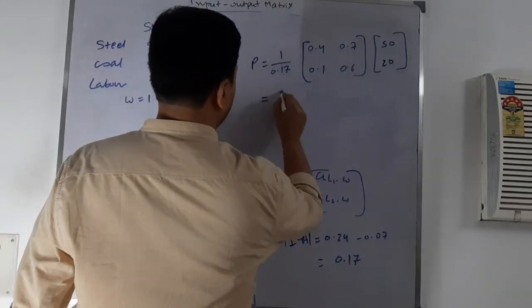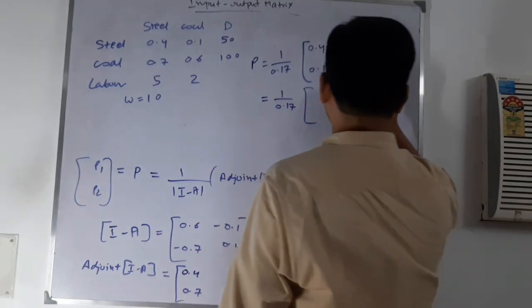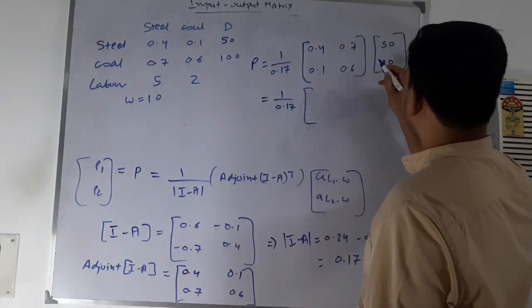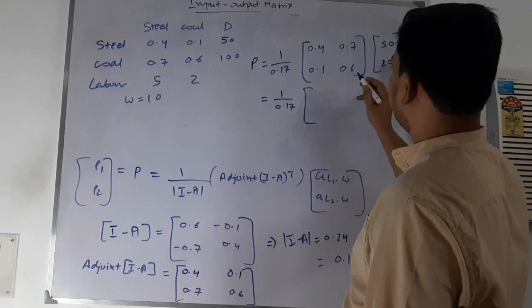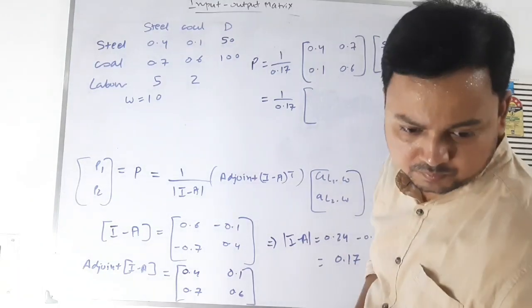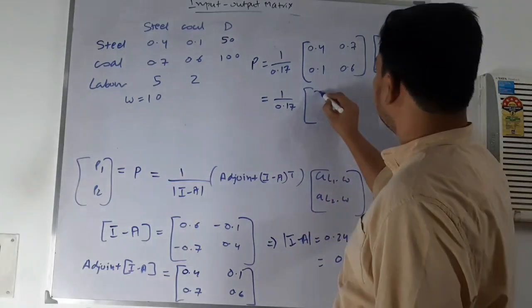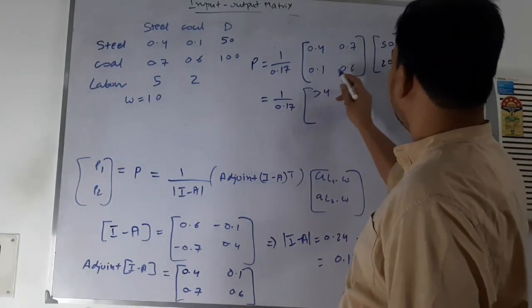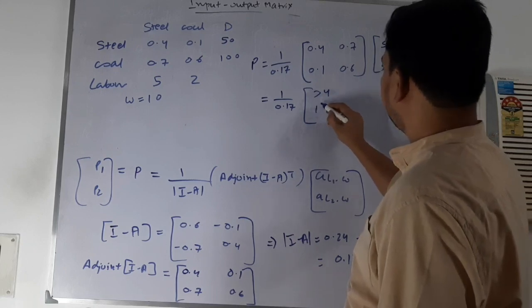So we will be getting 1 over 0.17. This will be 20 plus 40, let me check here. Yeah, 34. 34, and this will be 5 plus 12, 70.